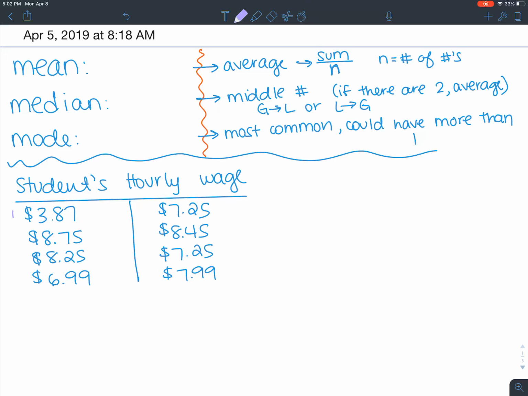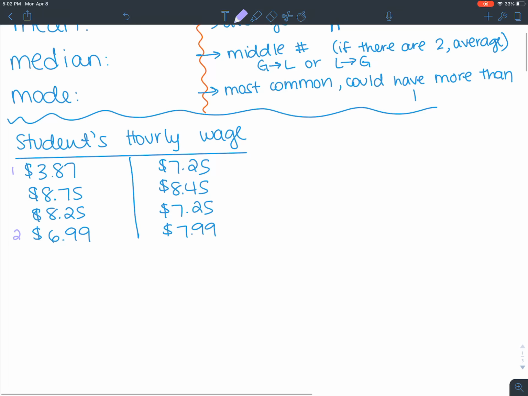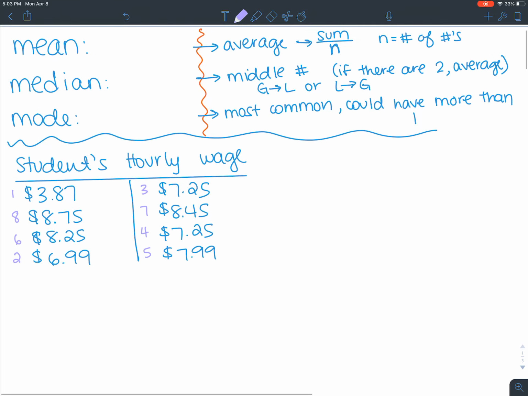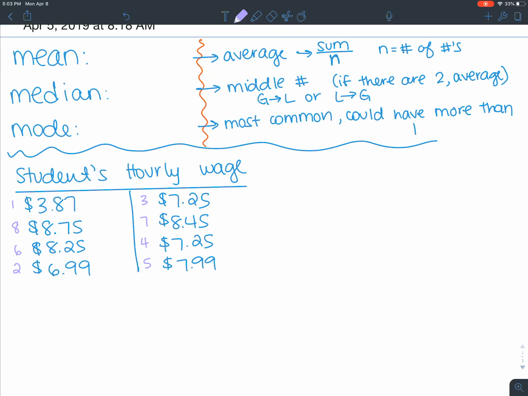The next smallest number is $6.99. The next smallest is this one or this one. They're both actually the same, so it doesn't matter which one. And then after that, we've got $7.99. Next highest is that one, and then the 8. So we'll use that whenever we do the median.